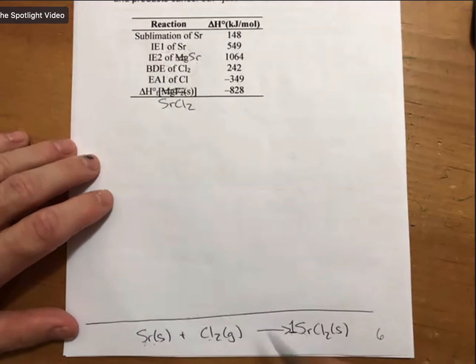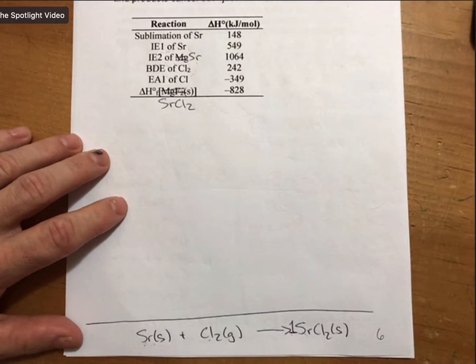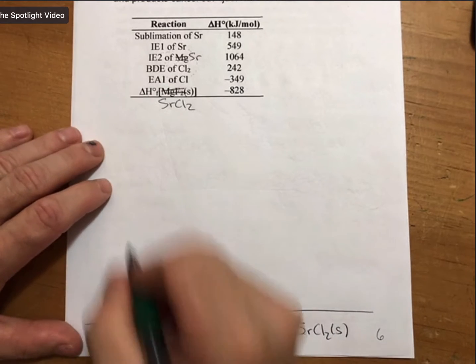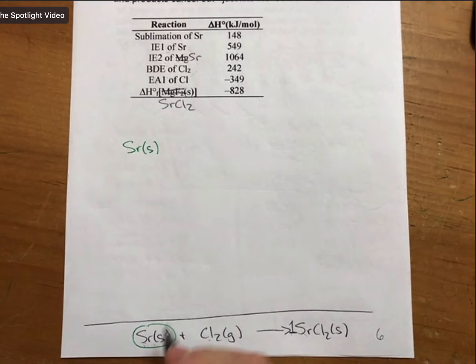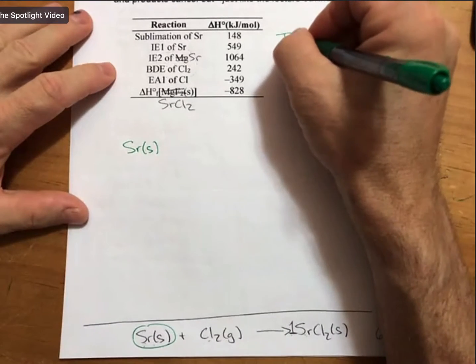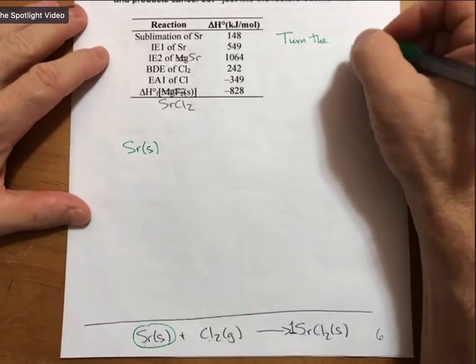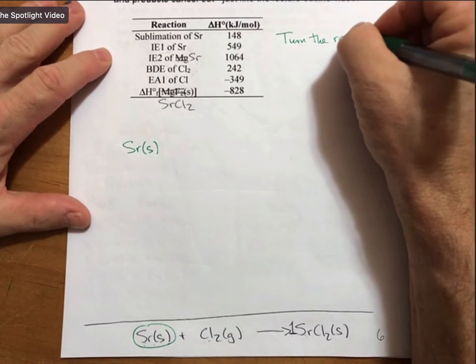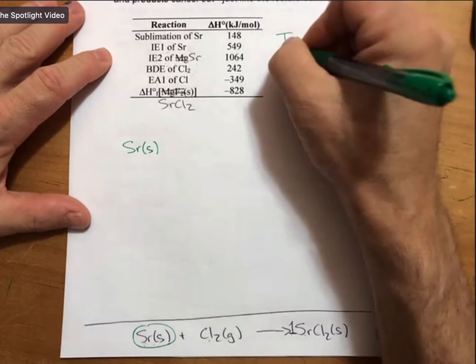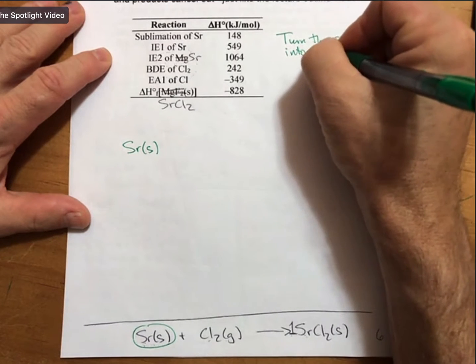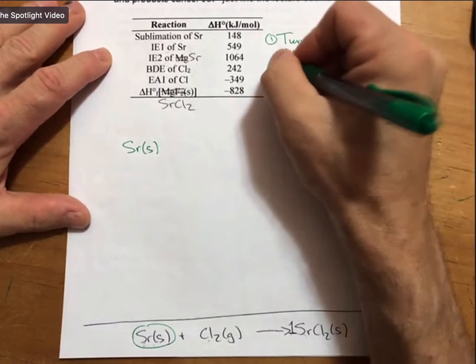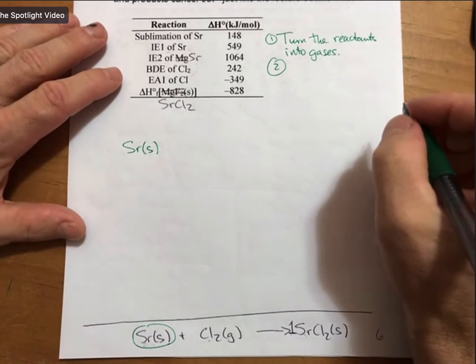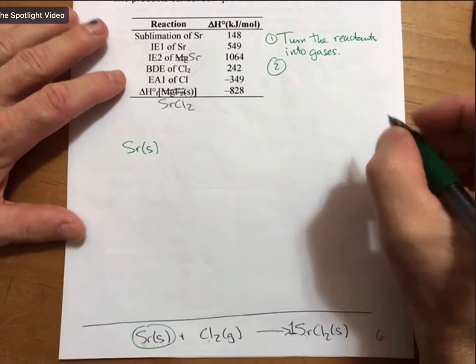Okay, so then what you do is you start with one of your reactants all the way at the top. And you're going to do two things. You're going to turn the reactants into gases, and then you're going to turn the reactants into gaseous ions.